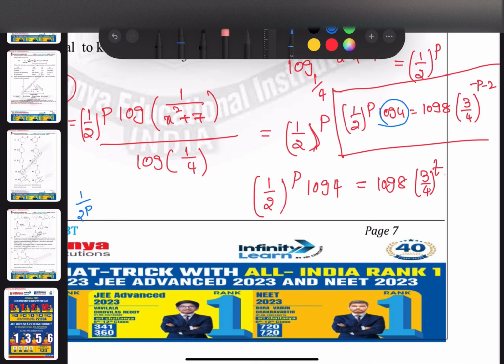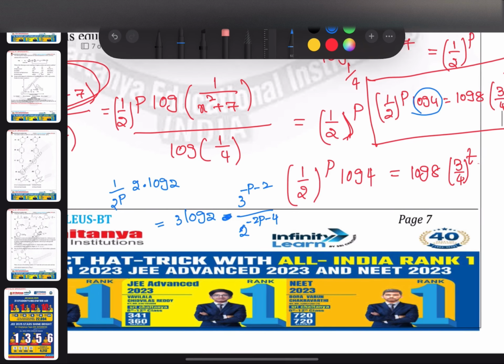So log 4 can be written as log 2 square, that is simply 2 log 2, is equal to log 8, which can be written as log 2 cube, that is simply 3 log 2, multiplied by 3 power minus p minus 2 divided by 4 power minus p minus 2. So 4 can be written as 2 square, 2 power minus 2p minus 4. Alright, this is what we got.